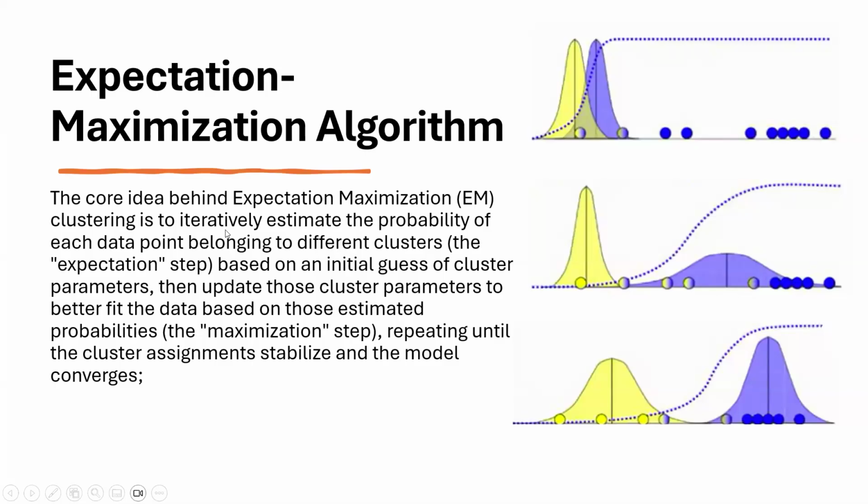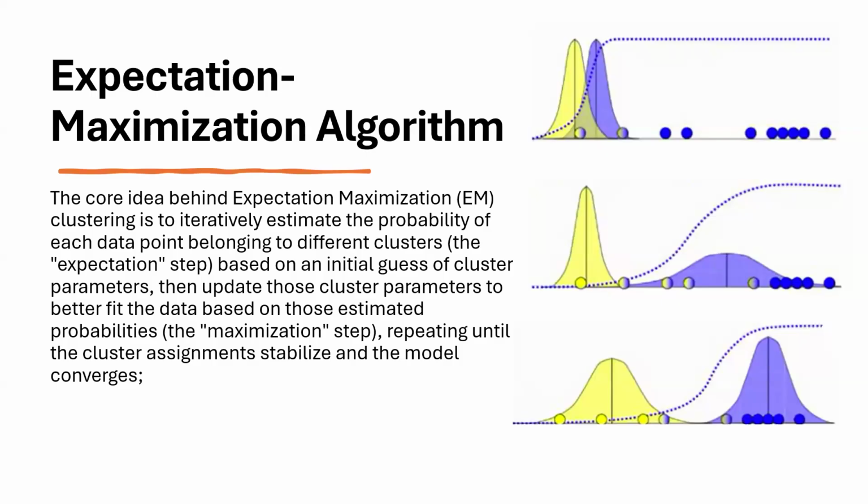What we do is we iteratively estimate the probabilities of each data point belonging to different clusters, the expectation step, based on the initial guess of the cluster parameters. And then update those cluster parameters to better fit the data based on those estimated probabilities, the maximization step, repeating until the cluster assignments stabilize and the model converges.